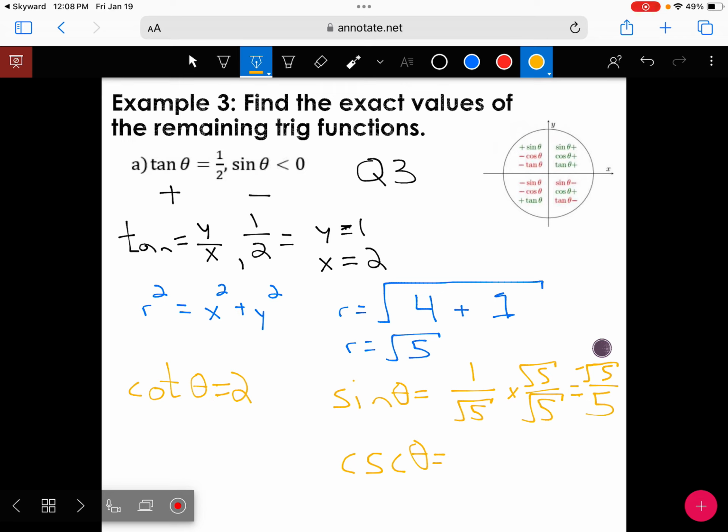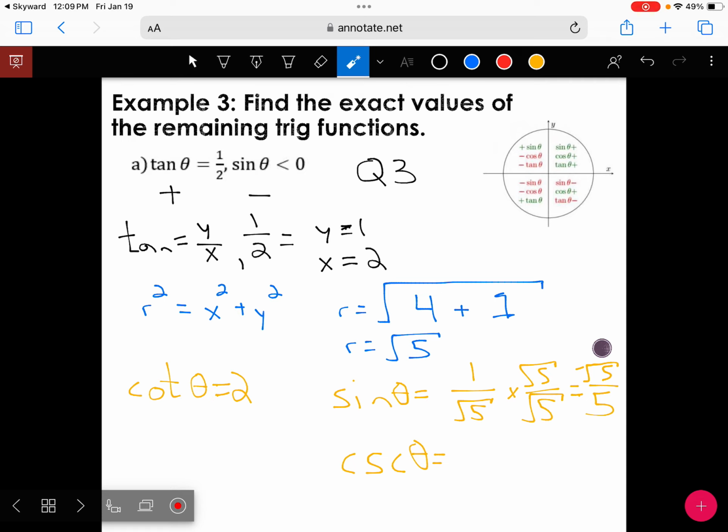So what I would say is if you had to rationalize for one of the sisters, so we had to rationalize for sine, right? Go back to the beginning, and just use this for cosecant. So we know sine is 1 over root 5, so then cosecant is just going to be root 5 over 1.